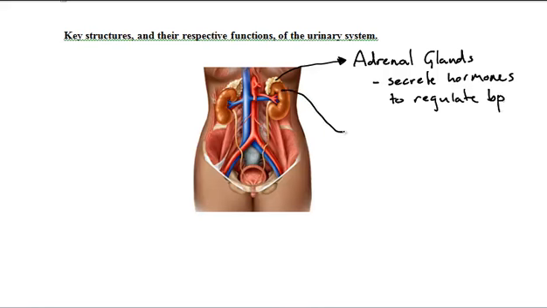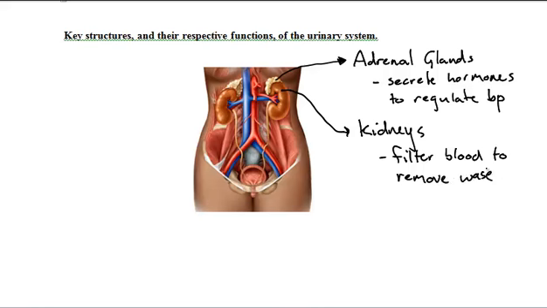Then we have the kidney itself. And their job is to filter blood, remove waste, to regulate blood pressure and blood pH, and to produce urine.